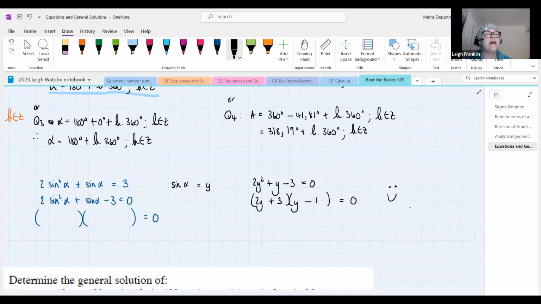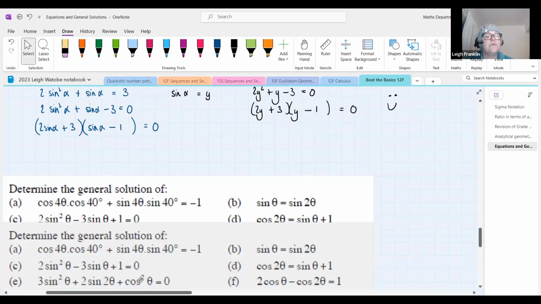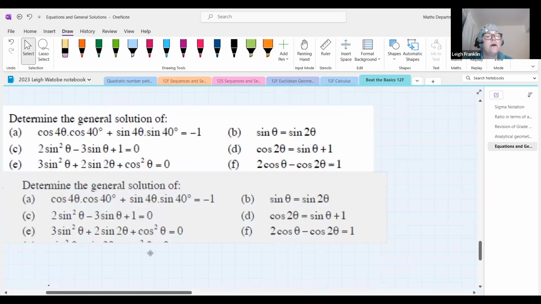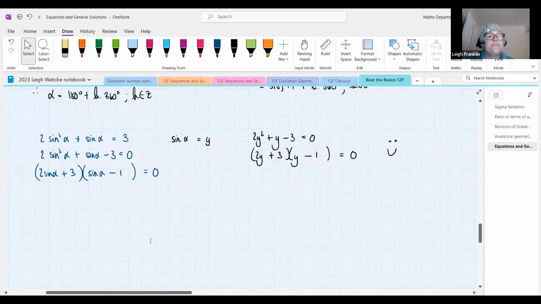We're going to do exactly the same thing on this side with our 2 sine alpha. So we'd have 2 sine alpha plus 3. Here we would have sine alpha minus 1. And now that we have factorized, let's just move this down and out the way.